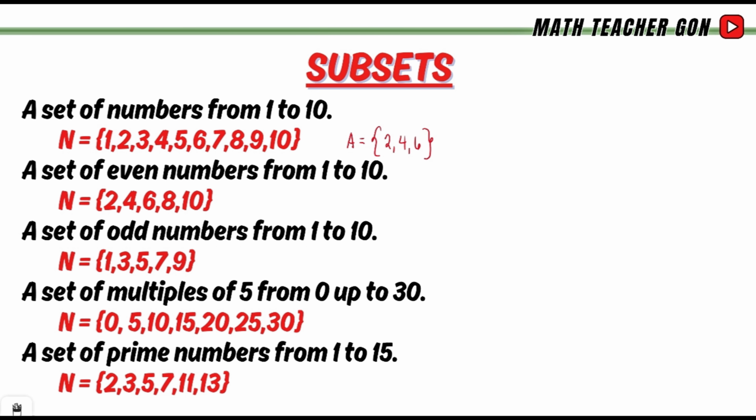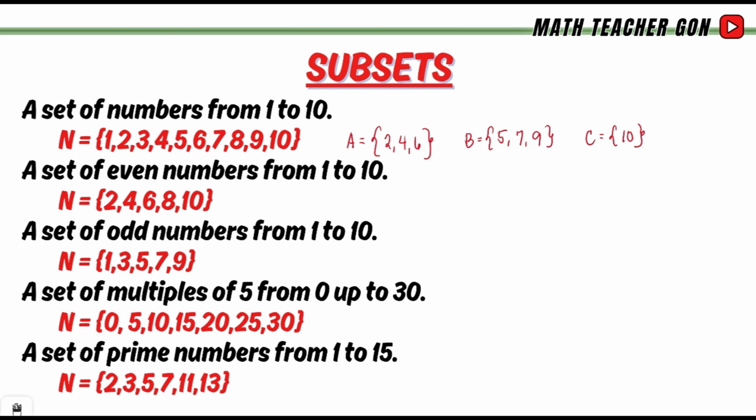These belong to set N, so it's a subset of set N. Another one, B: 5, 7, and 9, also belongs to set N. And letter C: 10. Set C also belongs to the set of numbers from 1 to 10.